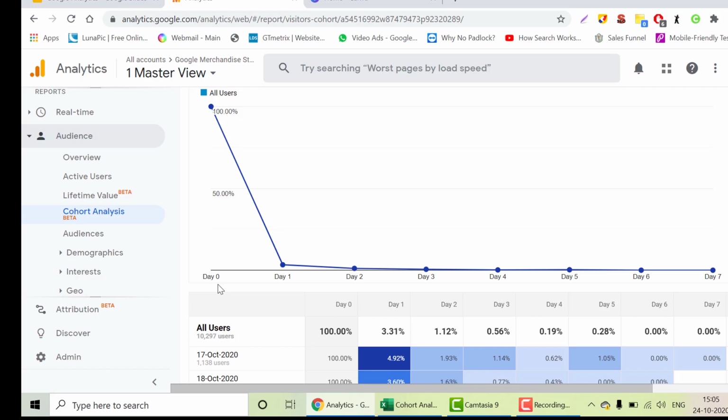So I am trying to gauge whether my website is good enough or attractive enough that whosoever visits my website on this particular date, which is what we are calling day zero, are they able to come the very next day, or on the day two, or on day three, is what we are trying to gauge out of this particular report. So I am basically trying to analyze the user retention.